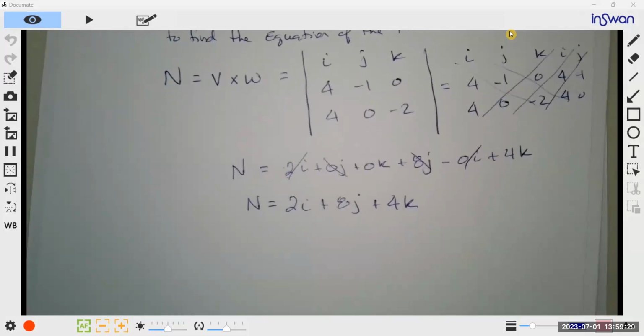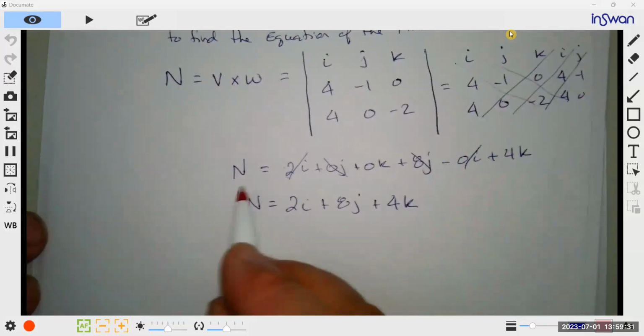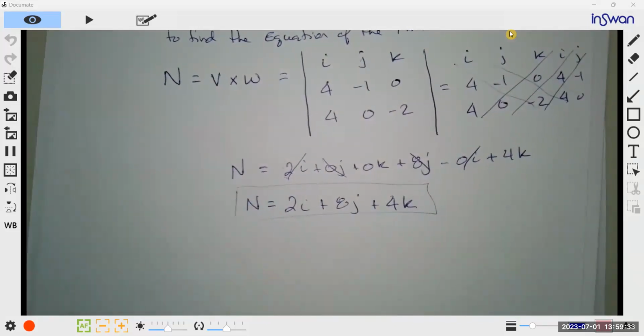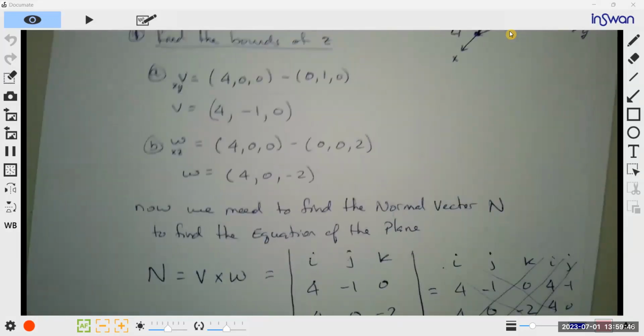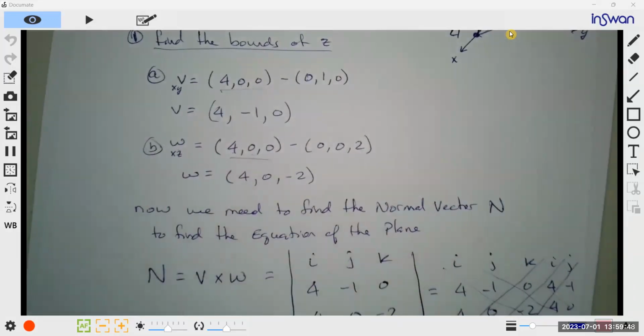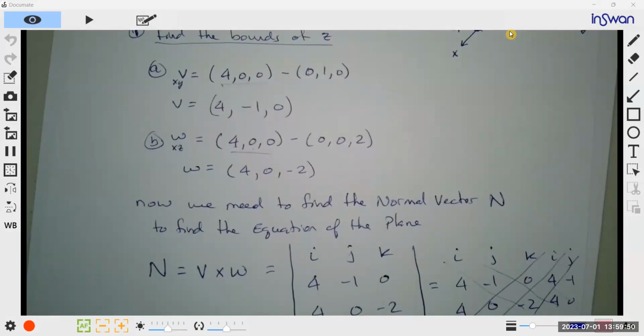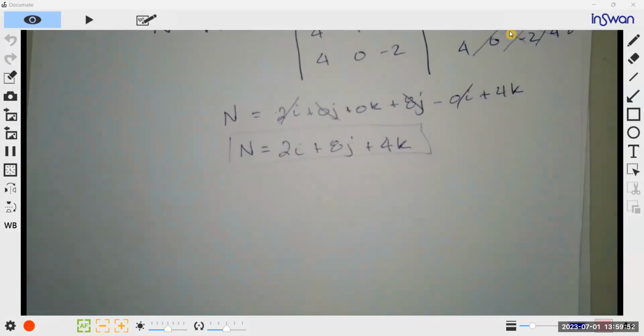All right, so now that is our normal vector. We're trying to get to the equation of the plane. So since we use the x component, we want to use that point again.